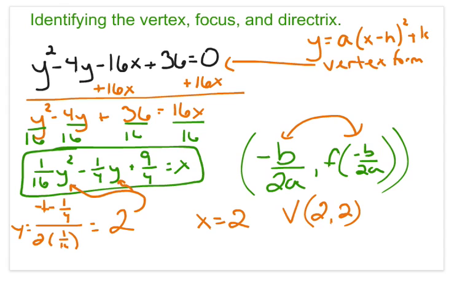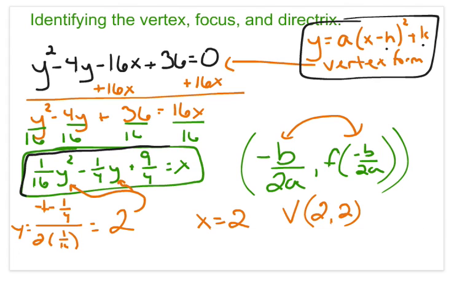So once you have the vertex, now we can almost start using the vertex form that we wrote above. We know h and we know k. Now we need to find A. Well, remember when you changed the form in the box here, we found A already. A is 1 over 16.